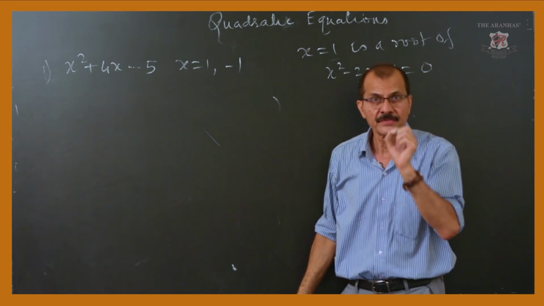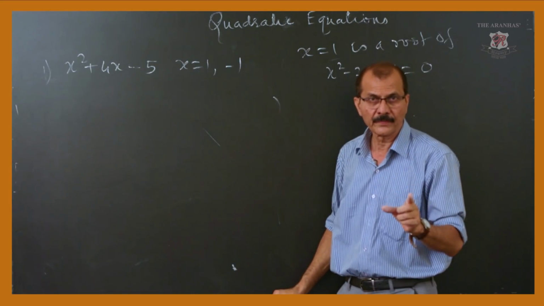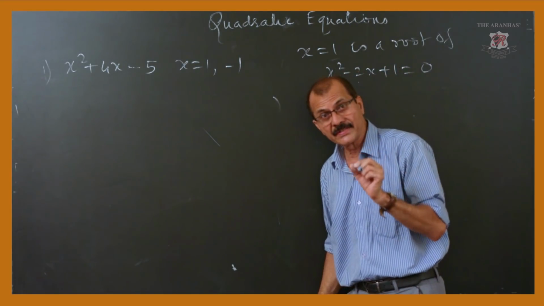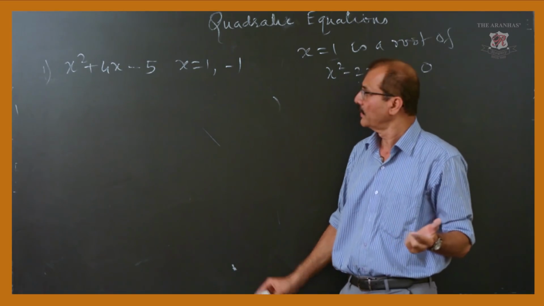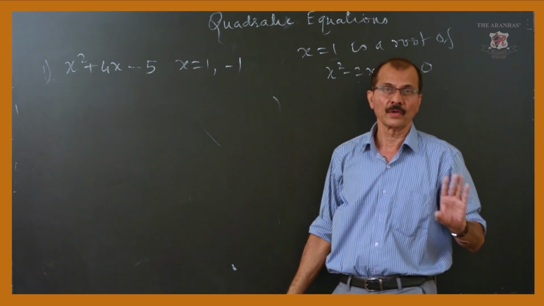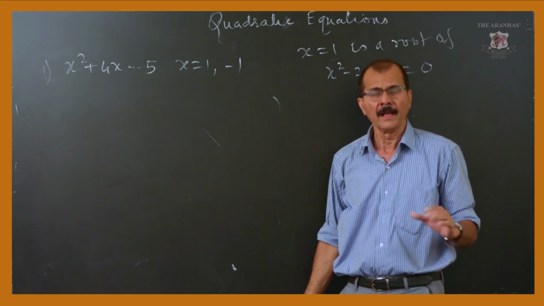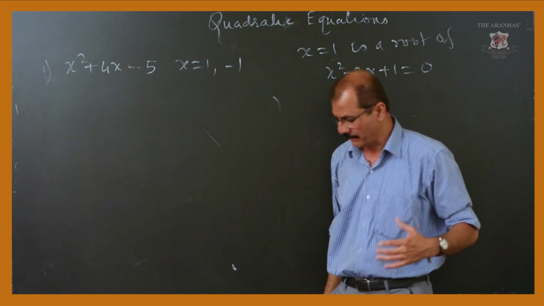If you get 0, you say x equal to 1 is the root. If you do not get 0, if you get a number other than 0, it means x equal to 1 is not the root of the given equation. How to write? I will show you one example.